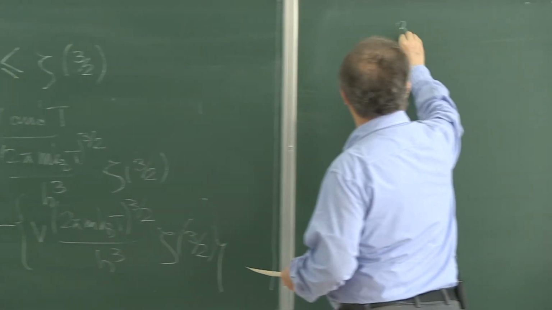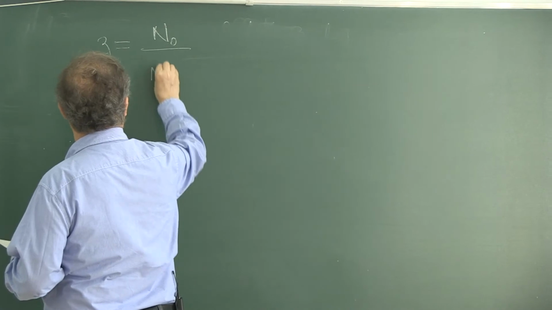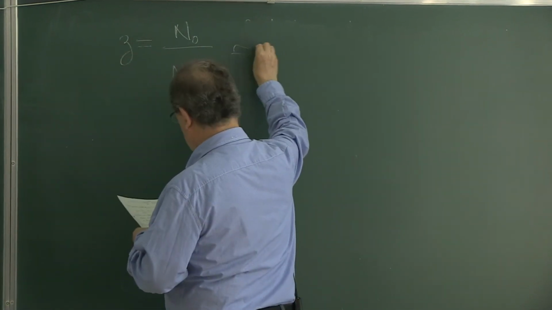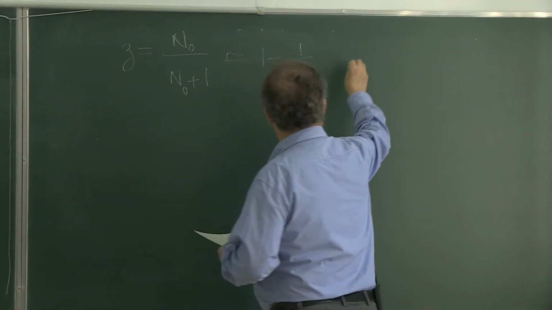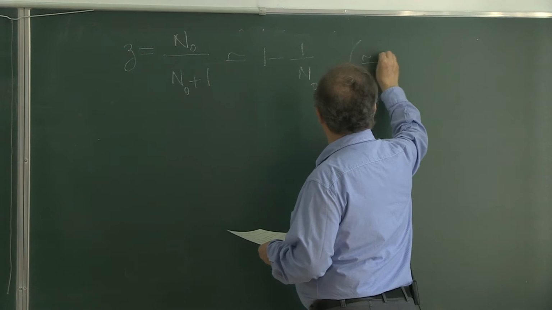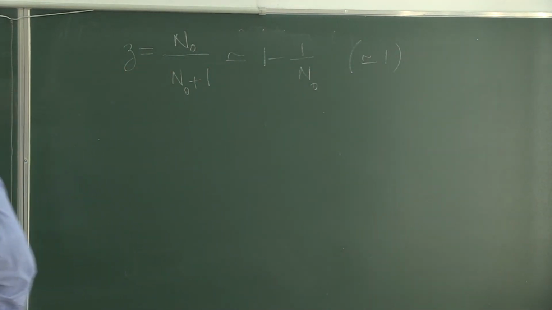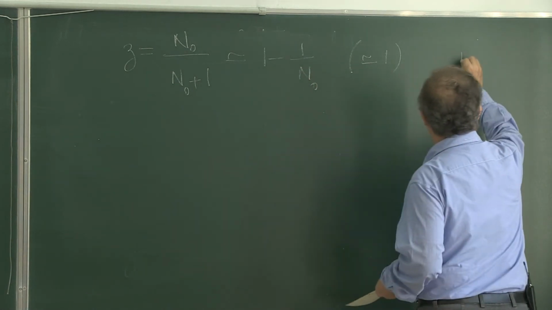The precise value of Z can be determined from N0 plus 1, which can be written as 1 minus 1 over N0. Well, almost 1. That was the interesting limit. That is Bose-Einstein condensation.